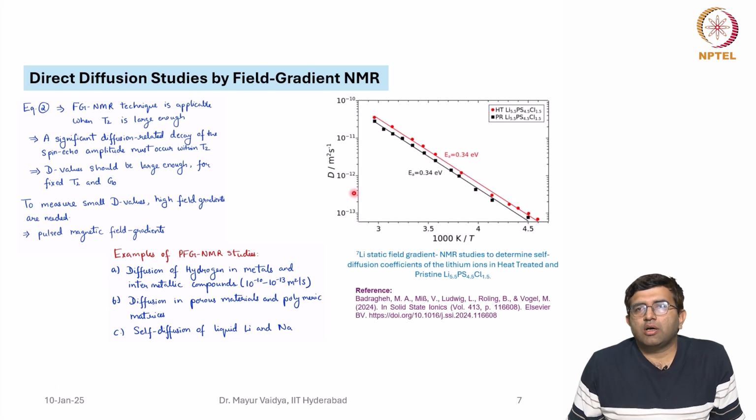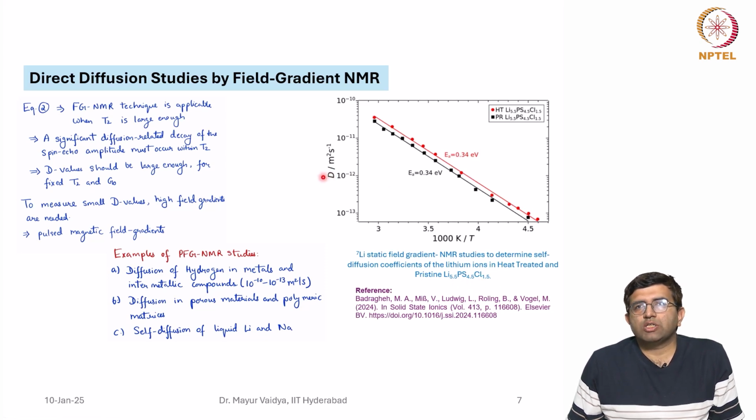So, this is the example which is shown here for the measurement of diffusion coefficient in lithium in the heat treated and pristine compound of lithium, which is given here.